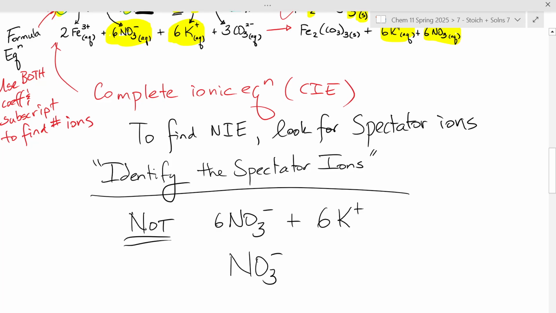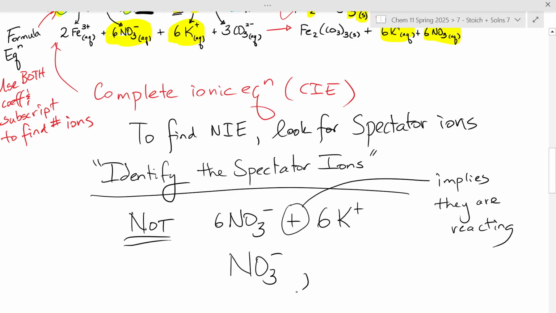I also don't want you to use a plus, because that implies that they are reacting. That's how we write things that react, by putting a plus between them. So you can put a comma, or you can write and.